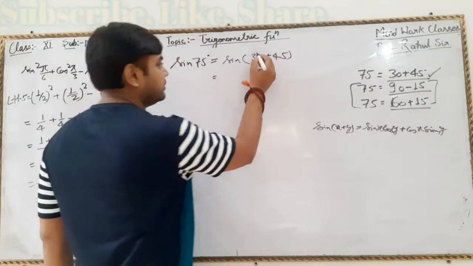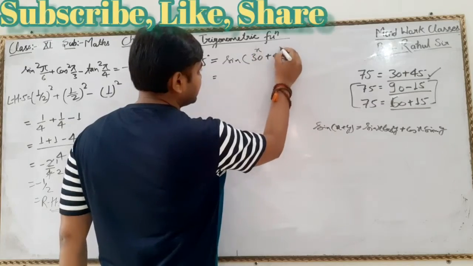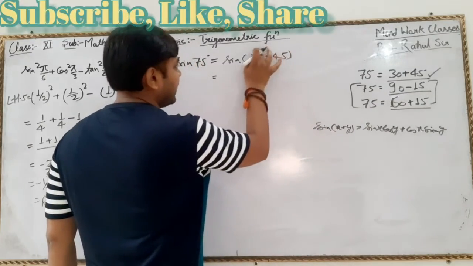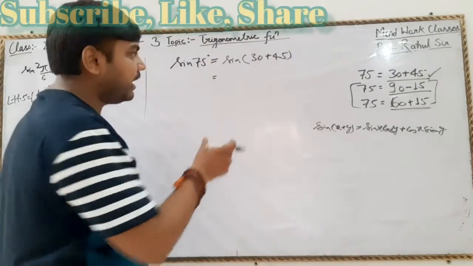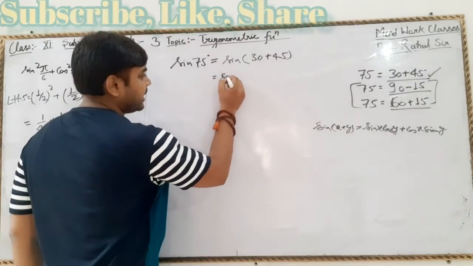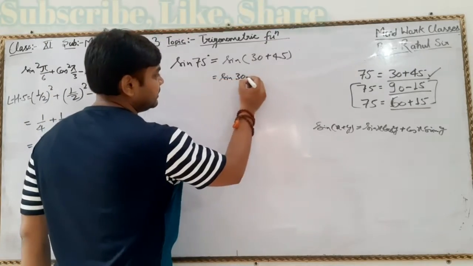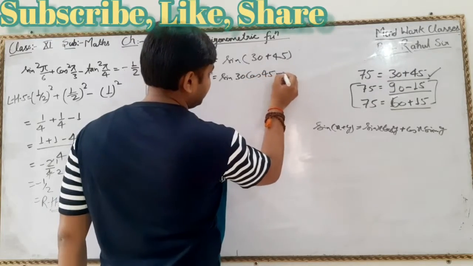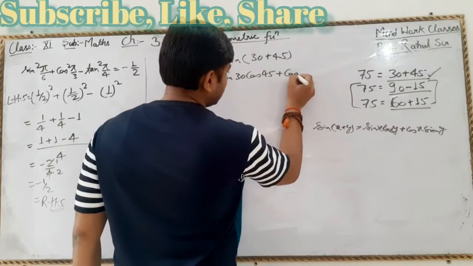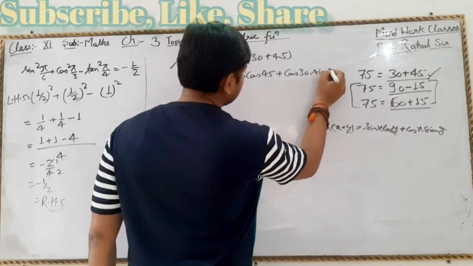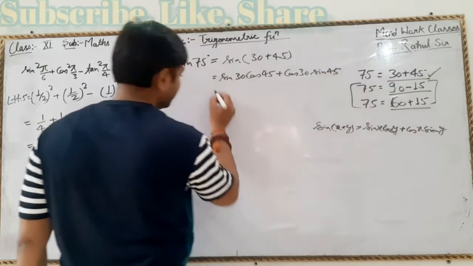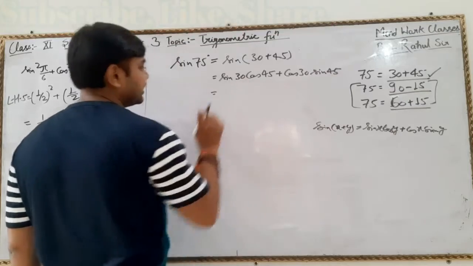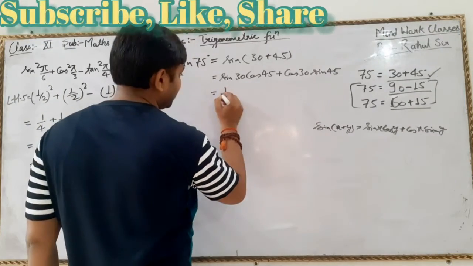So assume this is x and this is y. Likewise we can expand this, and it becomes sin 30 cos 45 plus cos 30 sin 45. What is the value of sin 30? 1 by 2.